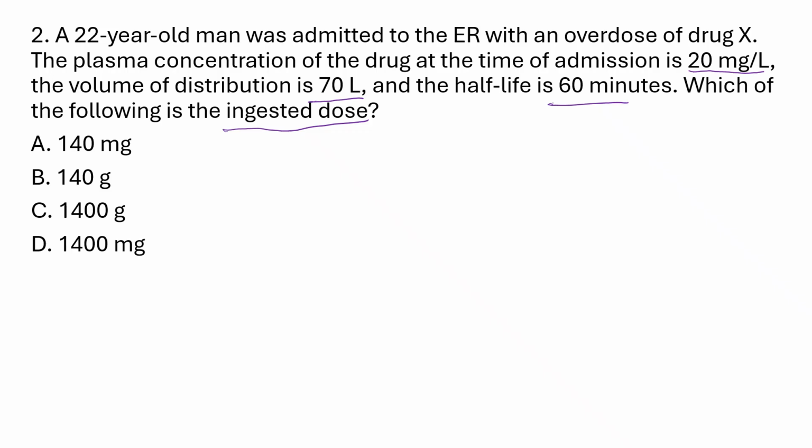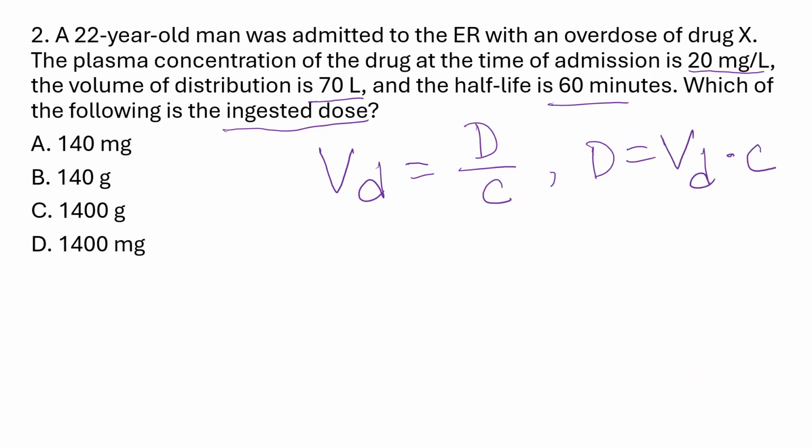Sometimes you have several pharmacokinetic parameters, and you don't need to apply all those values. Since it is the dose, and you have volume of distribution and concentration, we can use volume of distribution equals dose over concentration, rearranged to dose equals Vd times C.